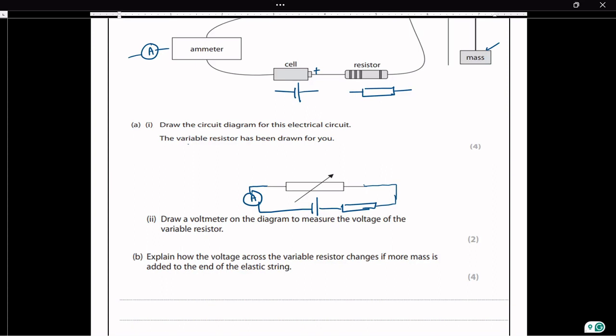Now let us see whether we included everything. We have included the ammeter, we have included the cell, positive and negative. The variable resistor, of course, is given, and the fixed resistor R.